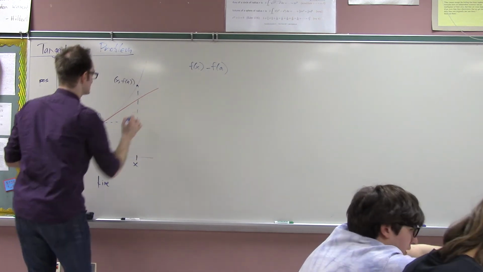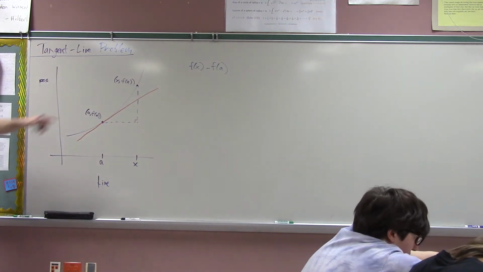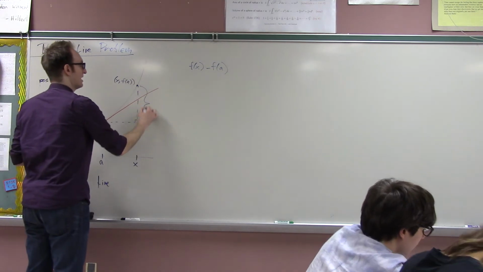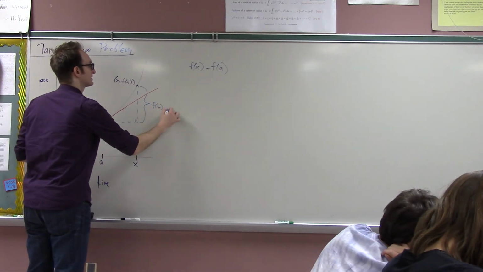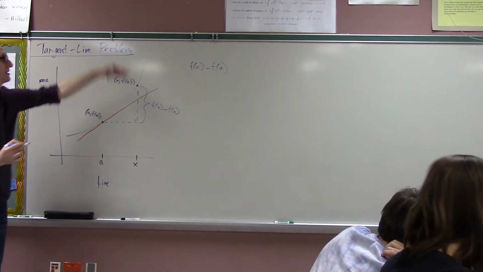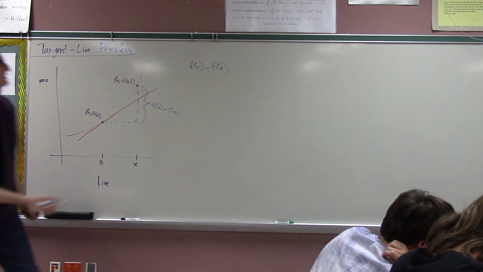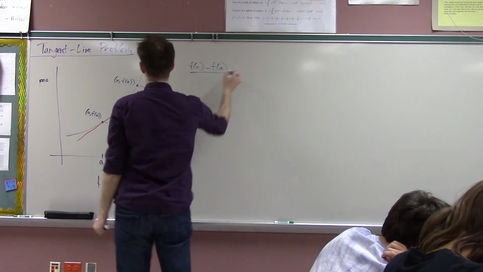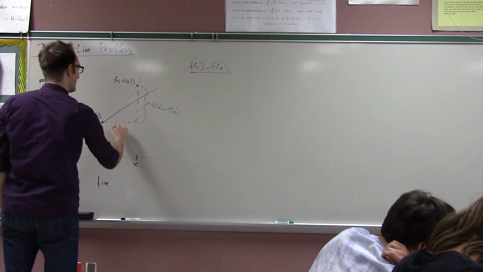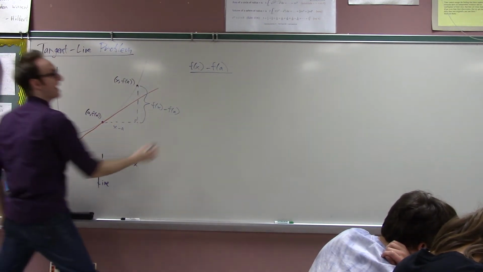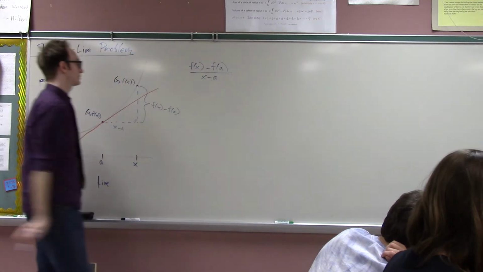The triangle f of x minus f of a represents the new amount of distance traveled, and then x minus a represents the time elapsed. So total distance over total time.